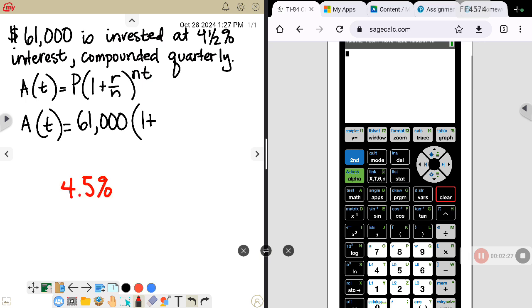What we need to do to change this to decimal form is to move the decimal 2 places to the left and then fill in the blank with a 0. So 4.5% in decimal form is 0.045.